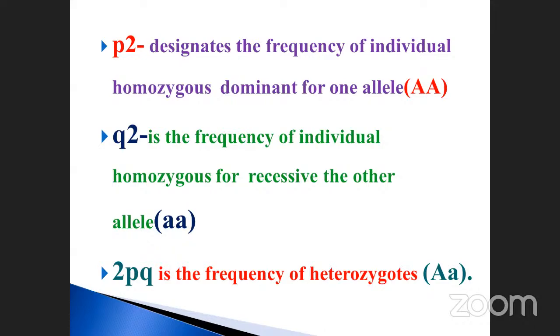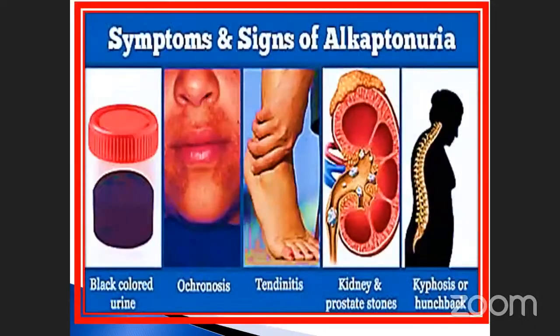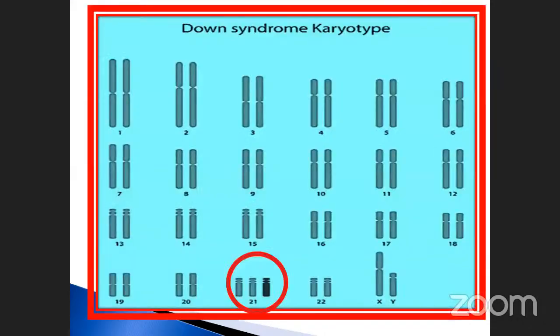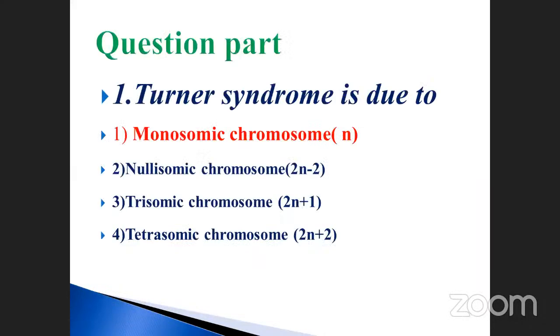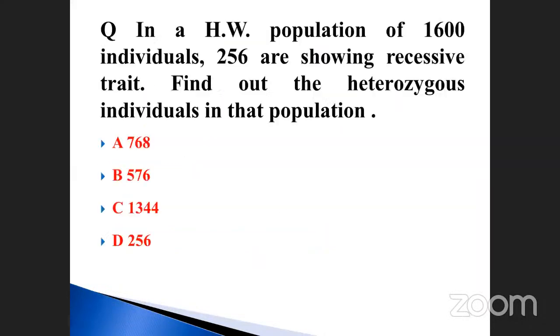Just go to the last portion, we can easily identify. One example I have taken, see here, this is the question. In a Hardy-Weinberg population of 1600 individuals, 250 are showing the recessive trait.